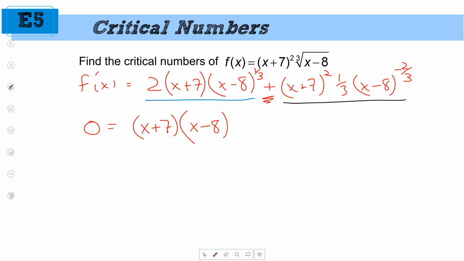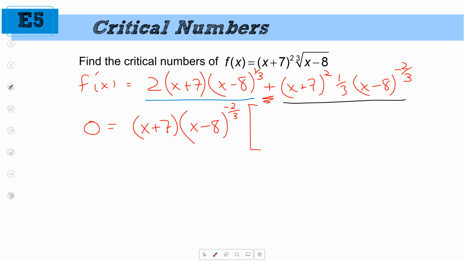The rule is very simple. Always, without exceptions, take the smaller exponent. So, x plus 7 or x plus 7 squared, I'm going to take the x plus 7 to the first power. X minus 8 to the 1/3 power, or x minus 8 to the negative 2/3, I'm going to take the negative 2/3 power.